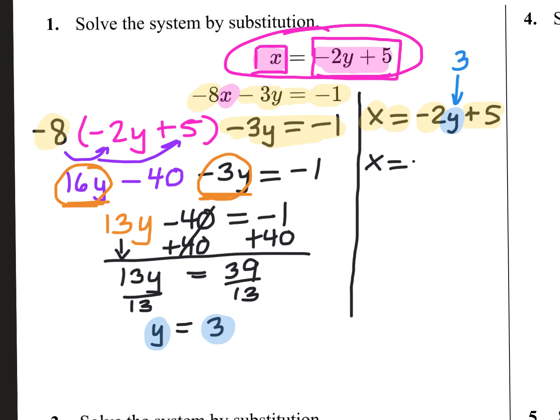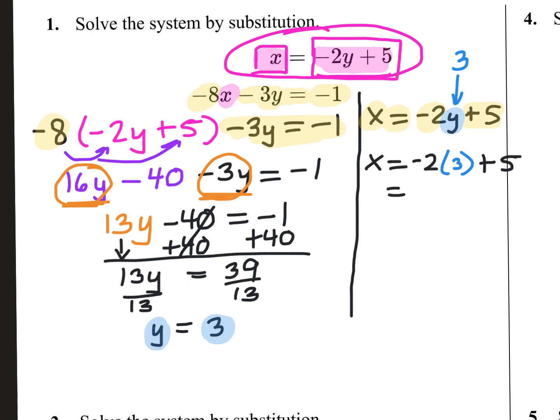So I am going to write everything exactly the same. I'm going to put parentheses around that 3 because remember, when these are sitting next to each other, that means multiplication. And to multiply numbers here, I either need to put parentheses around the 3 or put the little multiplication dot. I pretty much always use parentheses because I just think it looks more organized.